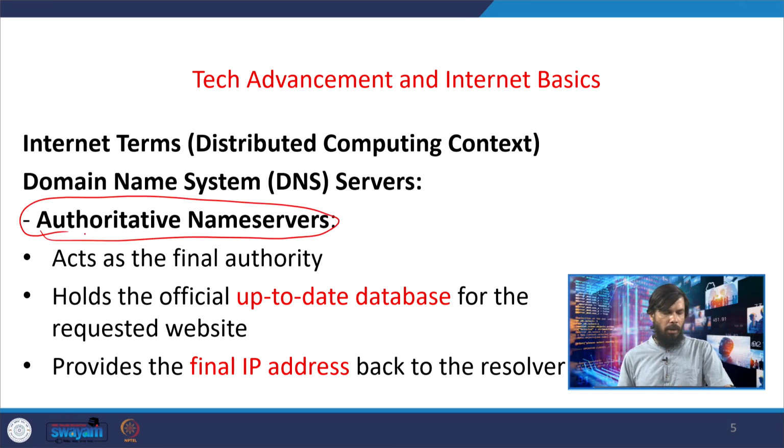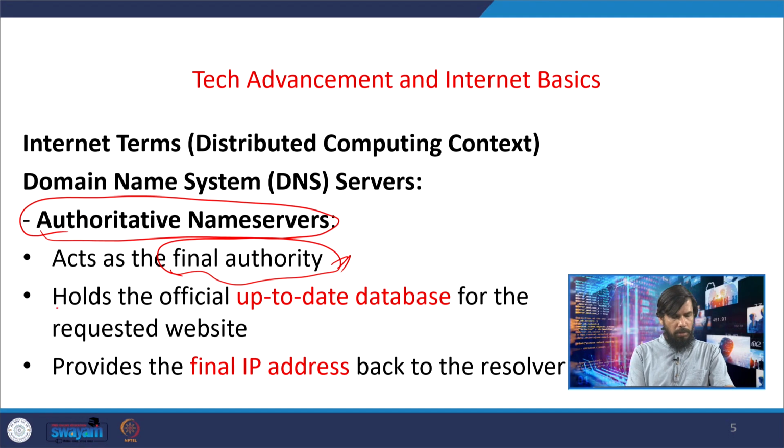It is referred to as the authoritative name server, and now this is like a final authority. So, if you did not get the conversion in earlier steps, then eventually you will land up at the authoritative name server, and you will get the IP address for the corresponding domain name.